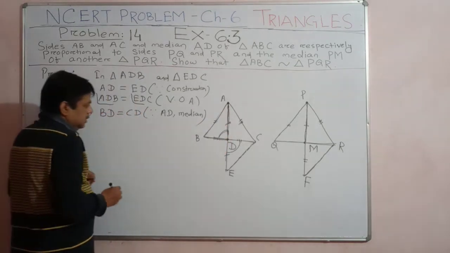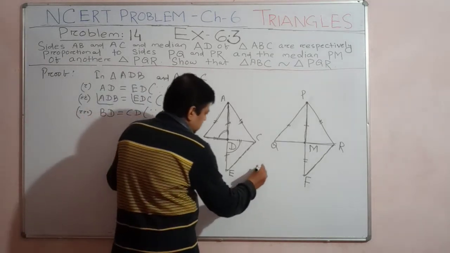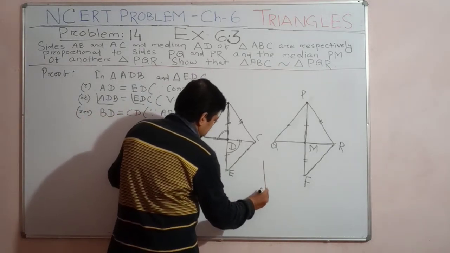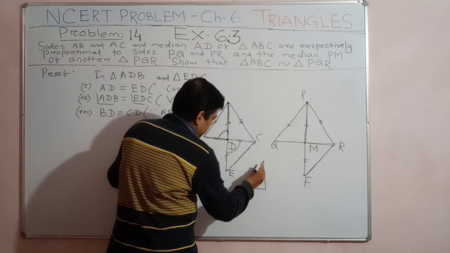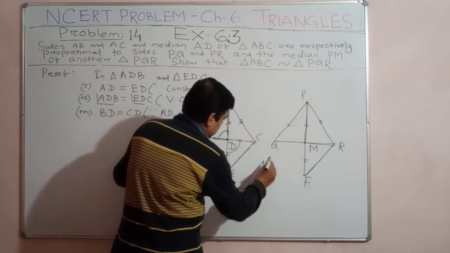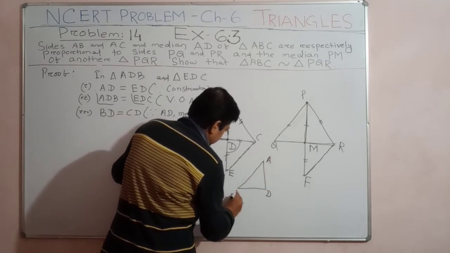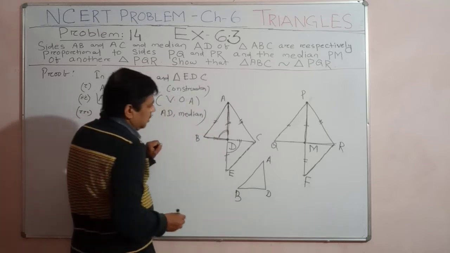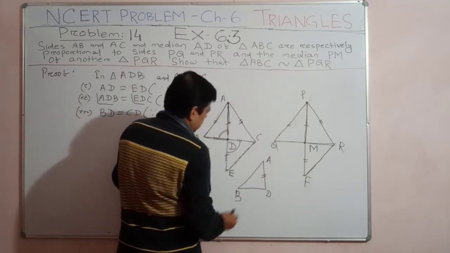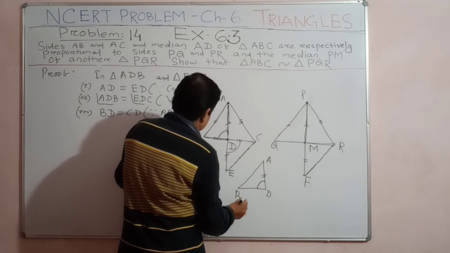Look at here. In the triangle ADB, you see AD side, ADB angle and BD side.